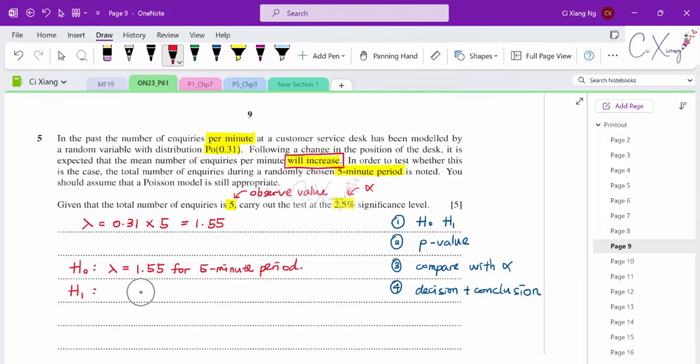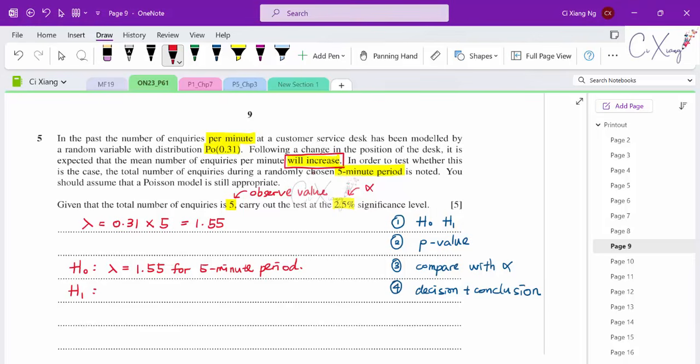Okay, then after that, how should we set up the alternative hypothesis? So you have to look at the statement inside, okay, in the question here, which is the keyword, okay, to help us to set up the alternative hypothesis. So they're interested to test whether the mean number of enquiry per minute increase or not. Alright, so the keyword is increase.